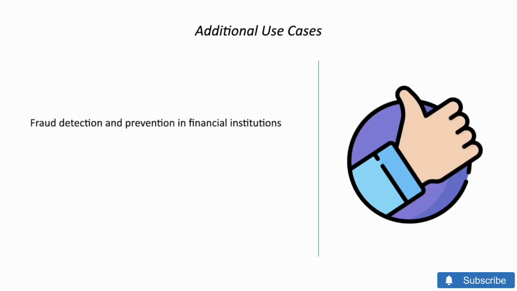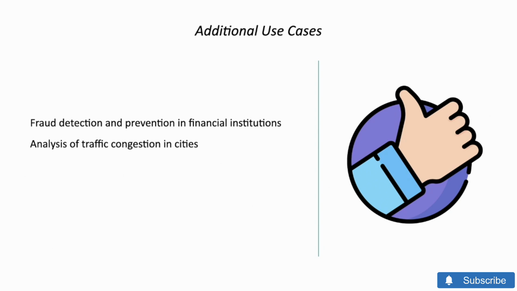Beyond that, there are several other use cases for Teradata Vantage as well. Its machine learning capabilities make it the ideal tool for fraud detection and prevention in financial institutions, where each transaction can be classified as legitimate or potentially suspicious.